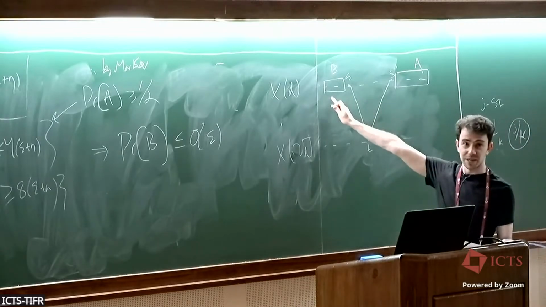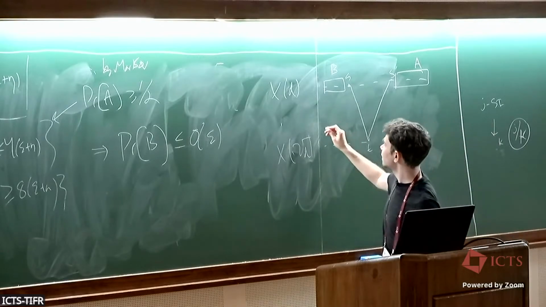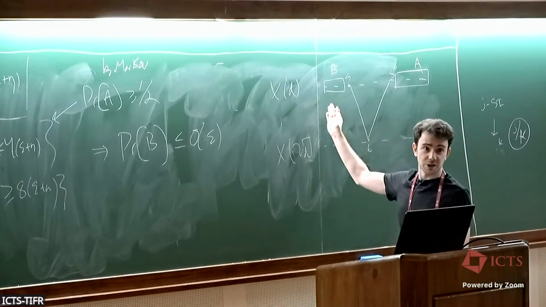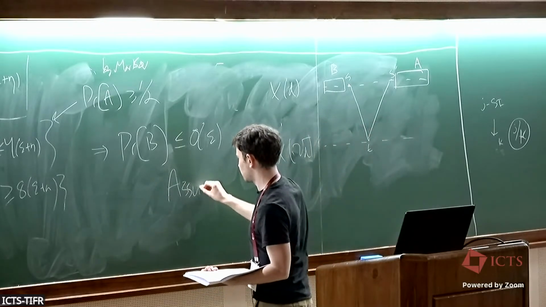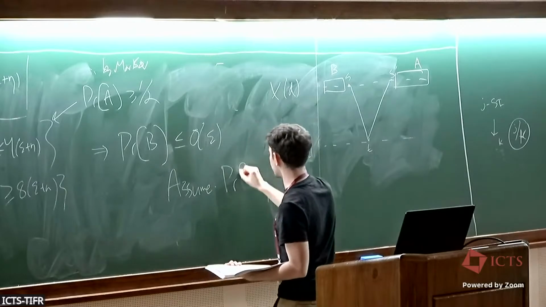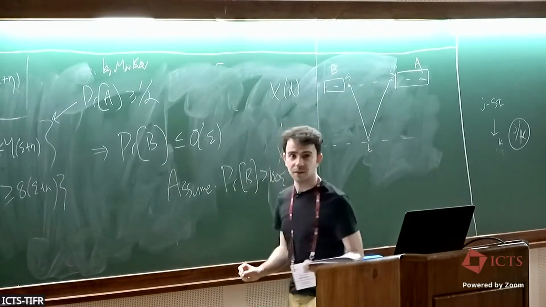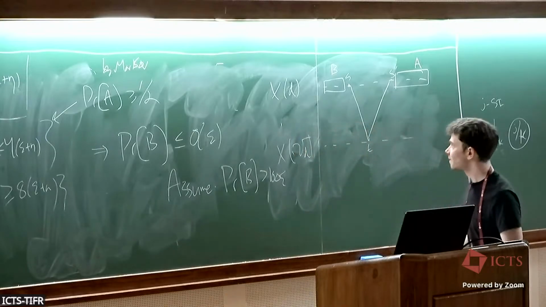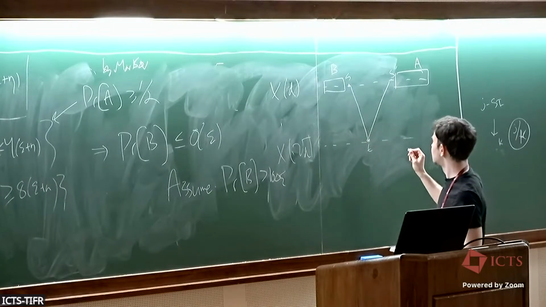My goal is to prove B is really small. So, for the sake of contradiction, let's assume that B is actually pretty large. Assume towards contradiction the probability of B is greater than, I don't know, 100 epsilon or 10 epsilon or something like this. Now why is this useful?